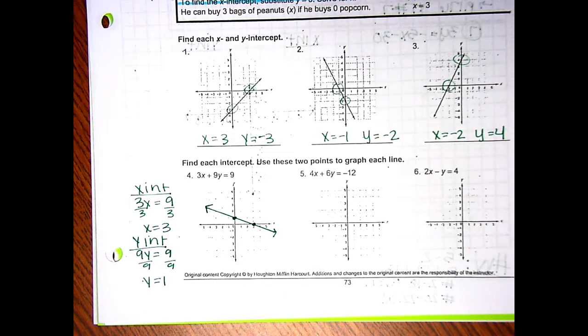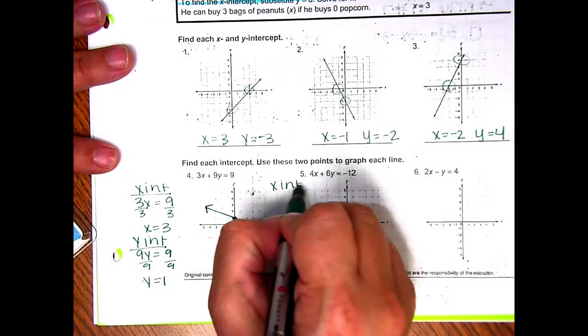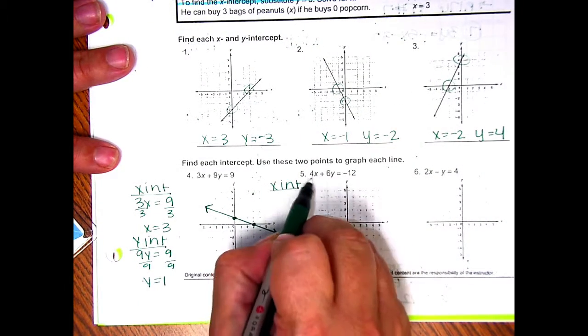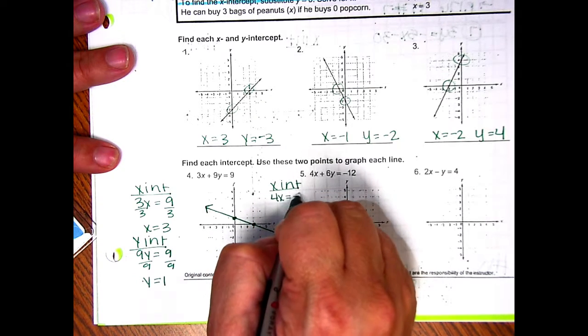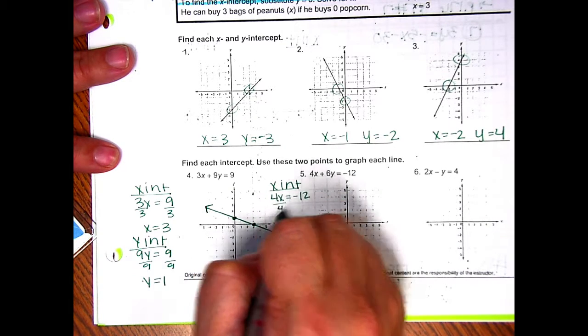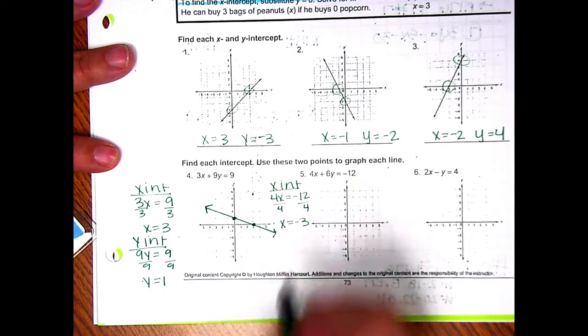For number 2, the x-intercept would be 4x equals -12. Divide both sides by 4. So x equals -3.